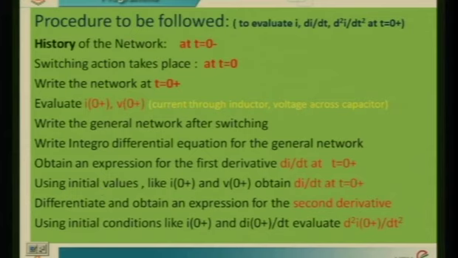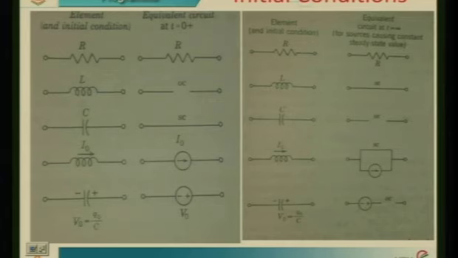With the general network after switching, we see that if there is a current through the inductor, it acts as a current source, and finally it acts as a short. Till now we have not taken any problem like this.